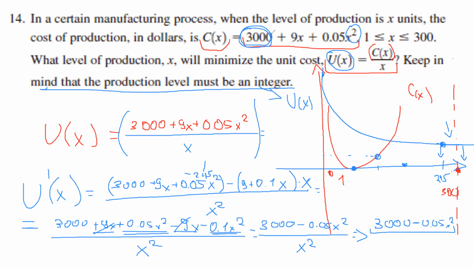If you produce one piece, it's going to cost 3,000. But as you increase the amount of produced pieces, the cost of production is not growing so fast. The ratio, the unit cost, is decreasing faster than the cost grows. So good example. I hope you understand it now.